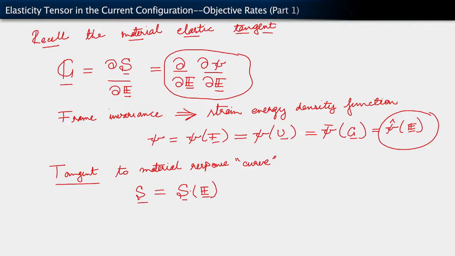Of course, it is a curve in some many-dimensional space. S is symmetric, E is symmetric, so it's a curve in a six-dimensional space with an argument that is also six-dimensional. Nevertheless, we could conceptually draw a plot.